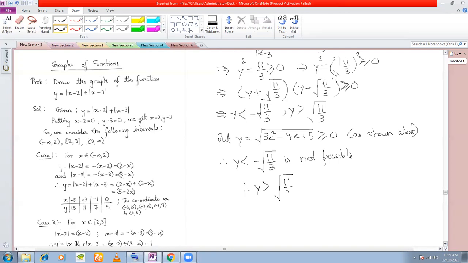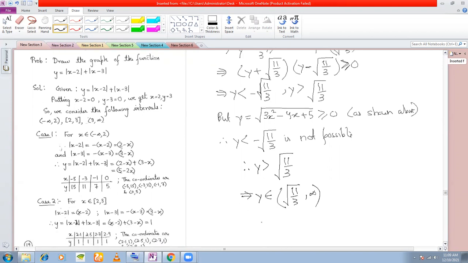That means y belongs to what interval? This open interval, right? Hence, what is the range of f? It is this set. Well, we have a greater than or equal to here, I think.